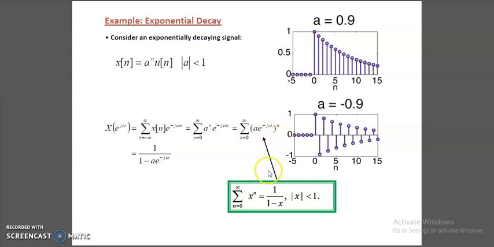Here you can use the identity summation over n from 0 to infinity of x raised to n is equal to 1 by 1 minus x if mod x is less than 1. Here we can say that the modulus of a into e raised to minus j omega is less than 1. So you can substitute this identity here. You will get 1 by 1 minus a into e raised to minus j omega. This is the DTFT of the exponentially decaying signal.